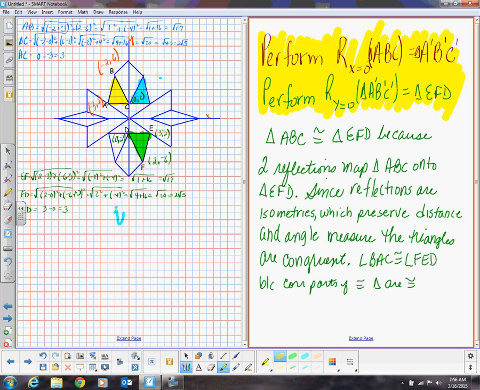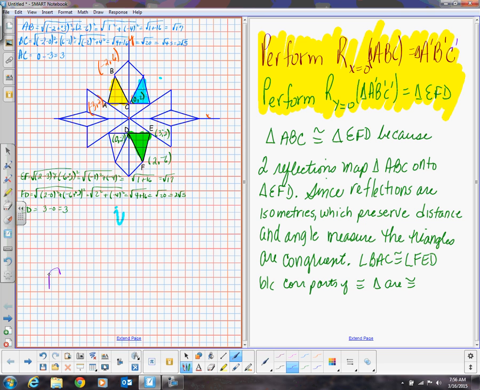Alright, I could have used a rotation about the origin of 180 degrees of triangle ABC, and that would map A to E, onto triangle EFD.